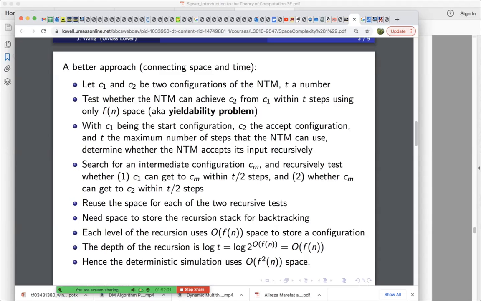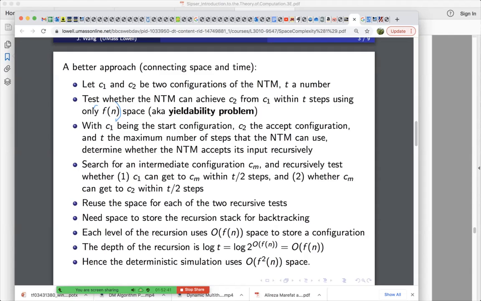And this problem is called the yieldability problem. That's what we want to know.